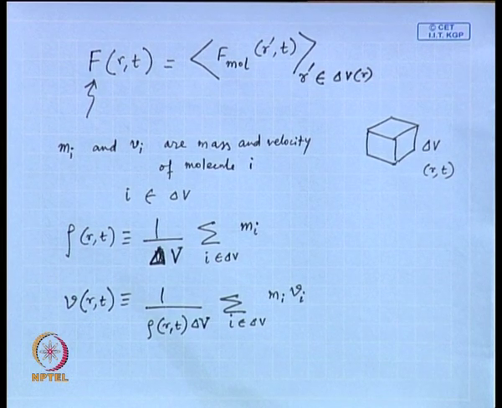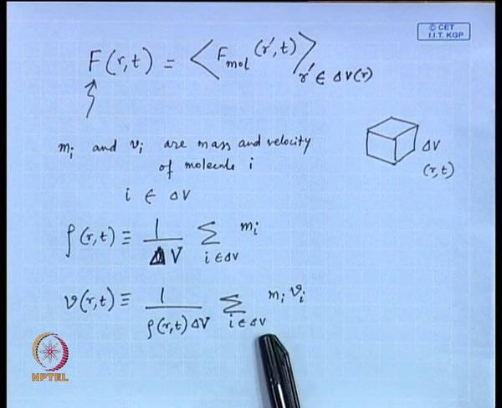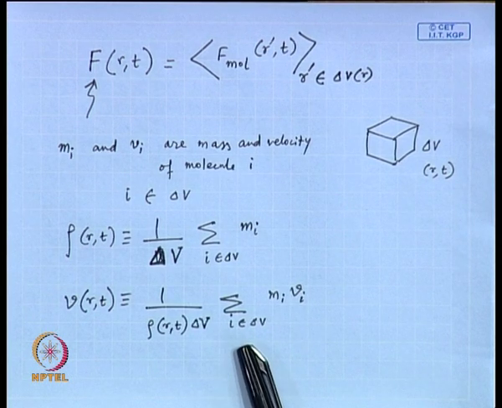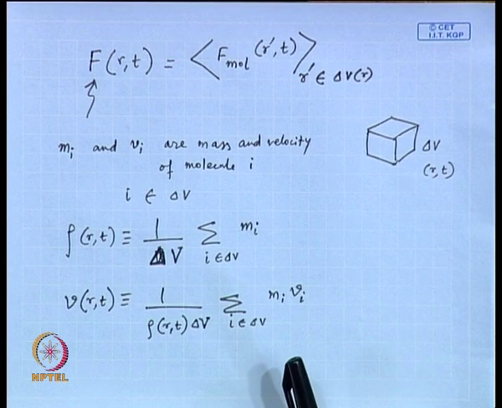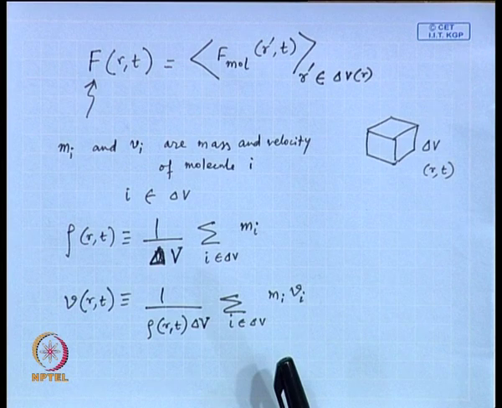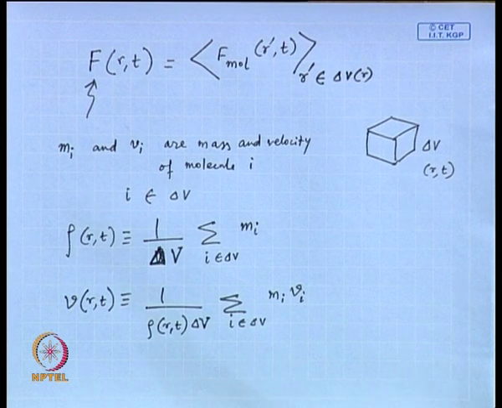I suggest you check the units to make sure we have the right expression. Put the unit of density, put the unit of volume, and find out that we have written the right expression. So, this would be the field variable. Okay.